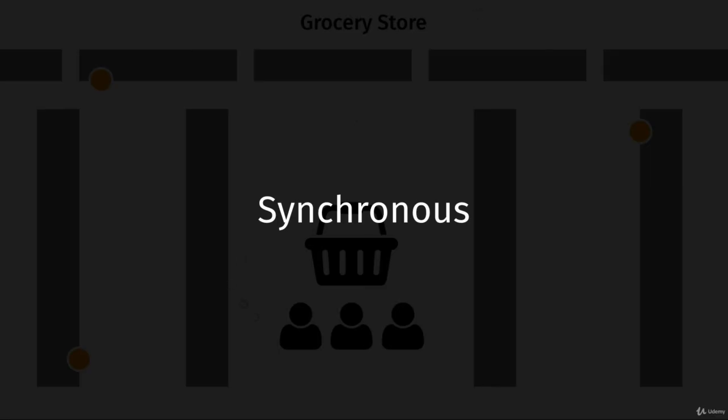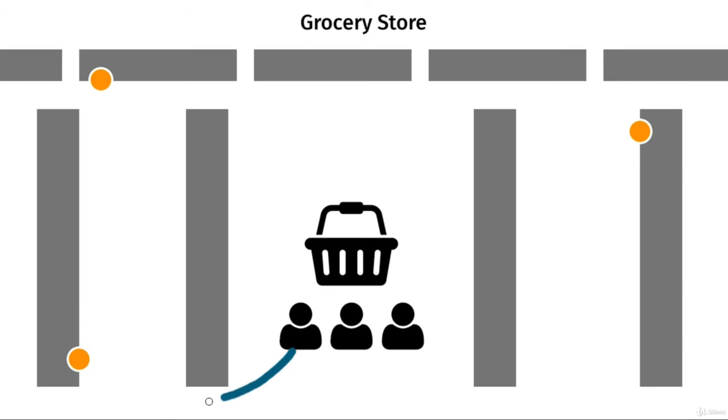So here's what that would look like. The first person starts walking towards this item, but while that's going on, the other 2 people are completely frozen. They just have to sit and wait and watch until the first person completes their task. Now, once this first person successfully brings an item back to the cart, only then can the second person begin their task.